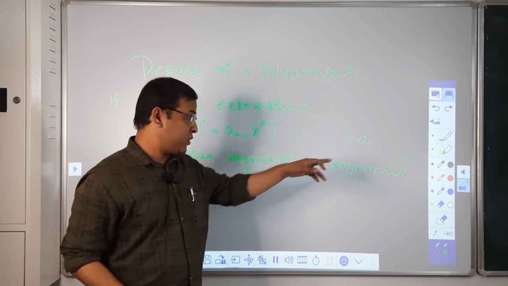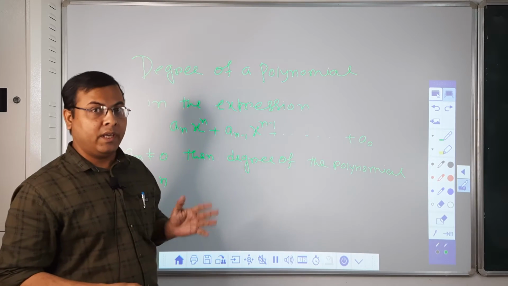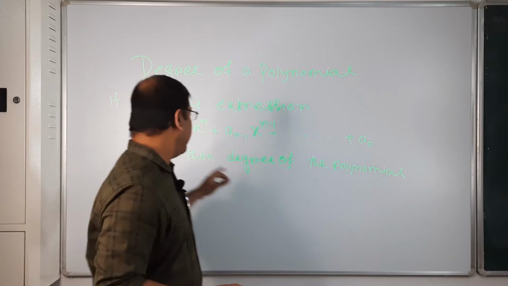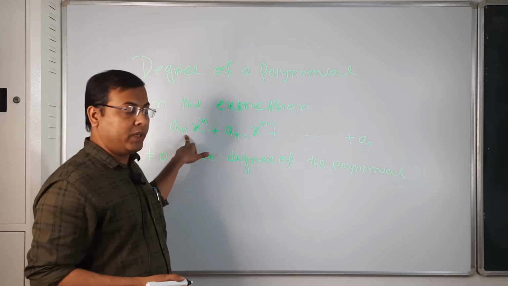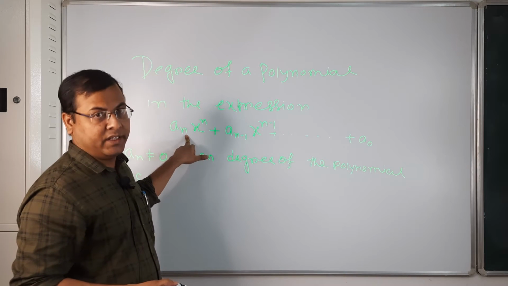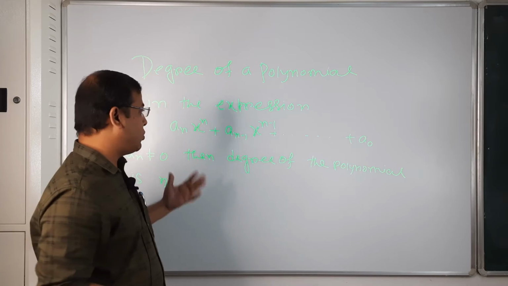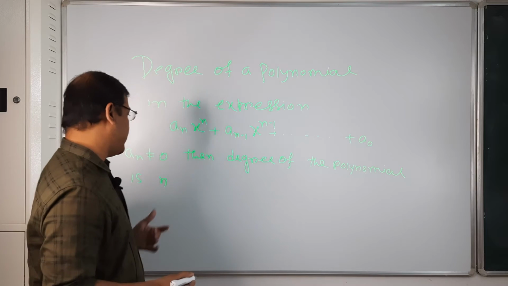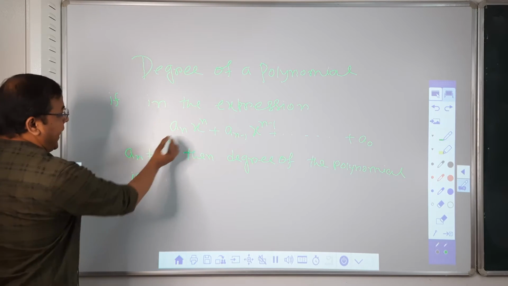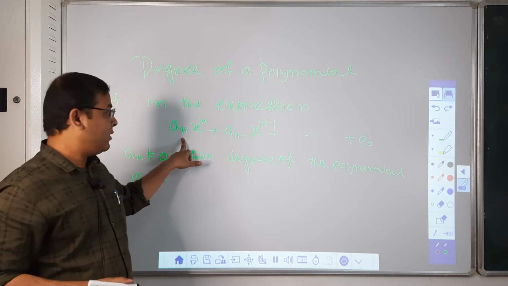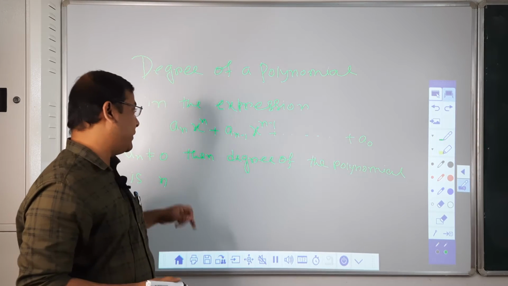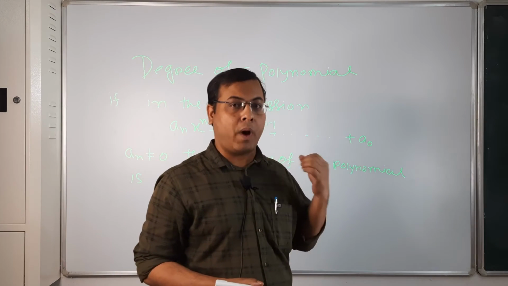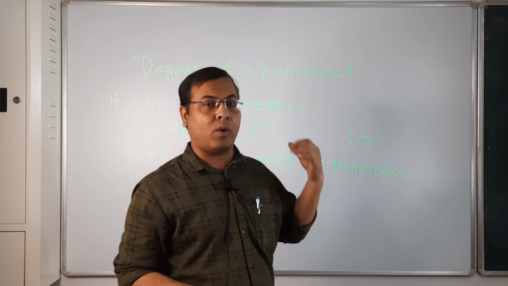In this polynomial expression, n must be a non-negative integer, that means whole numbers 0, 1, 2, 3, 4, 5, etc. If an is not equal to 0, then the degree of the polynomial is n. That means in the expression the highest power of x is called the degree of the polynomial.